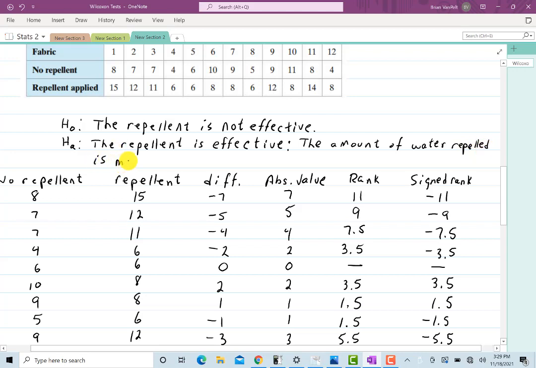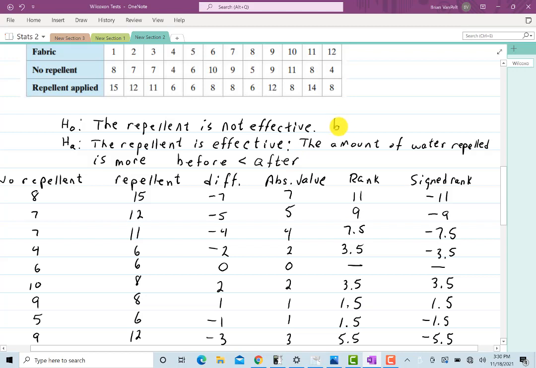So what do I mean by that? If we look at the amount of water before, it should be less than the amount of water that's after. So the amount of water, I mean, that comes off of the fabrics. The way I said it originally, a one-tailed or two-tailed, wasn't really true.